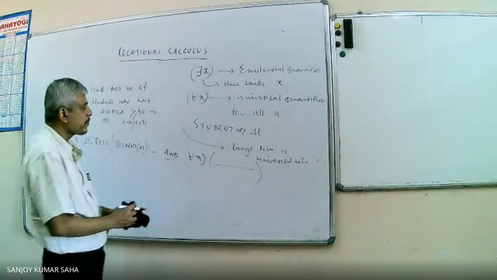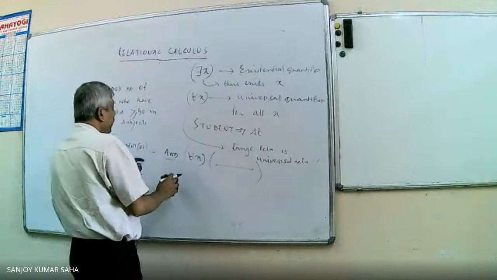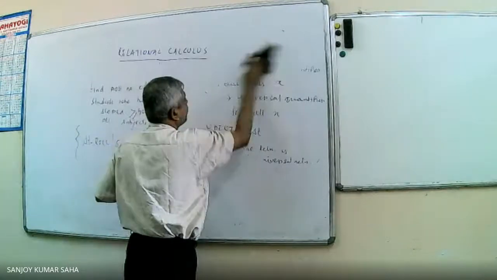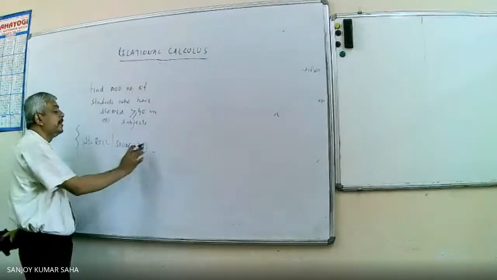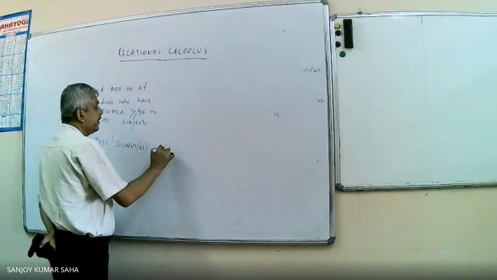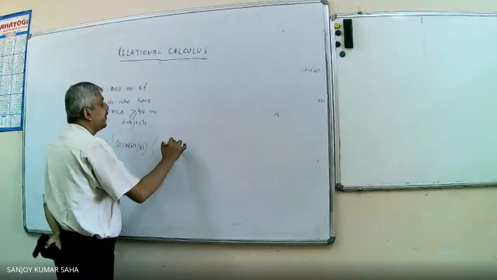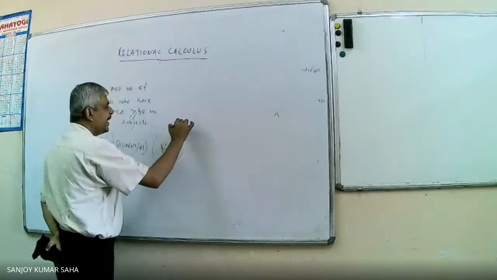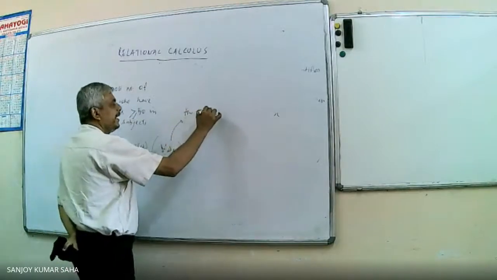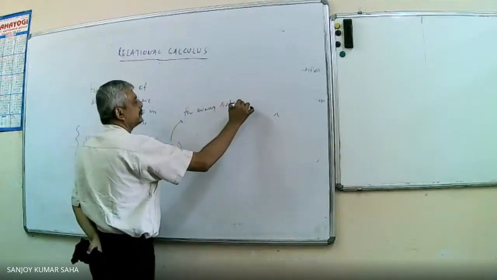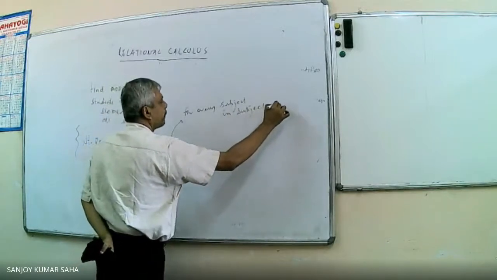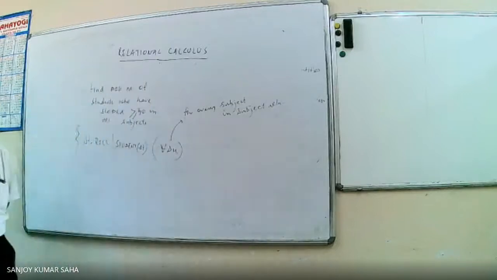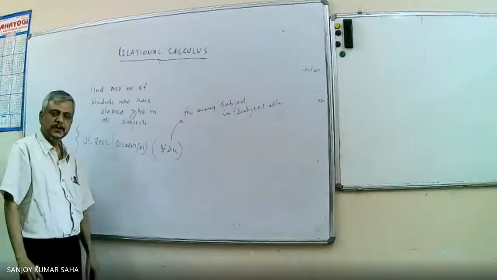What is our situation now? This student will come in the outcome if, for every subject in the subject relation, some condition has to be satisfied.